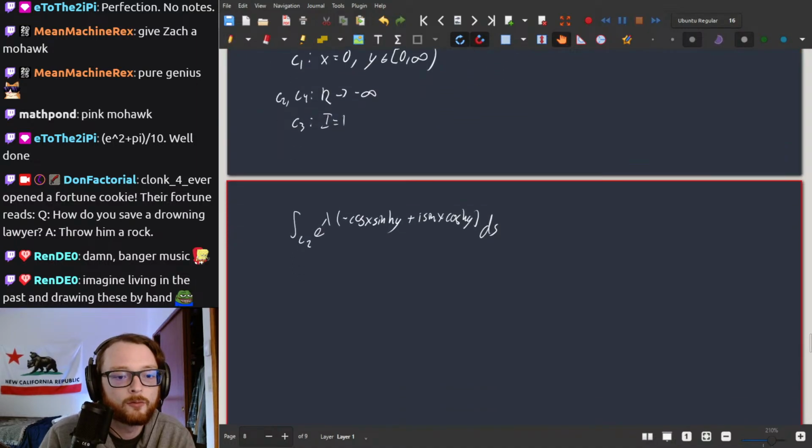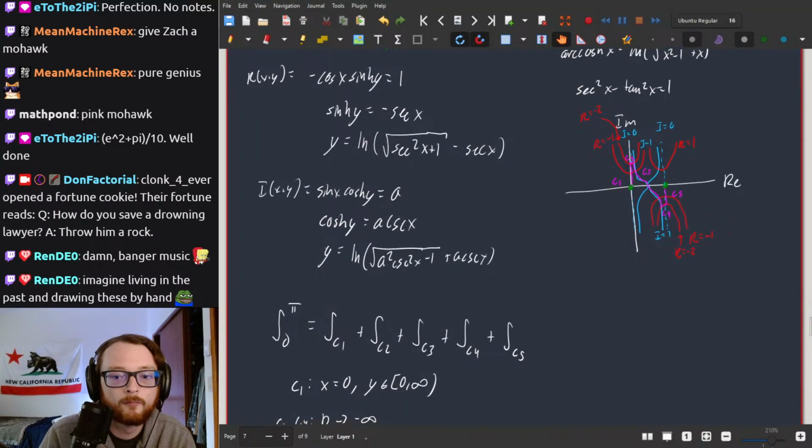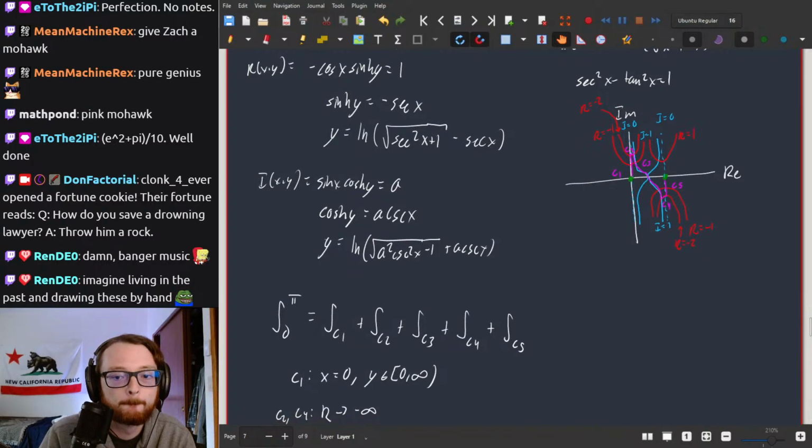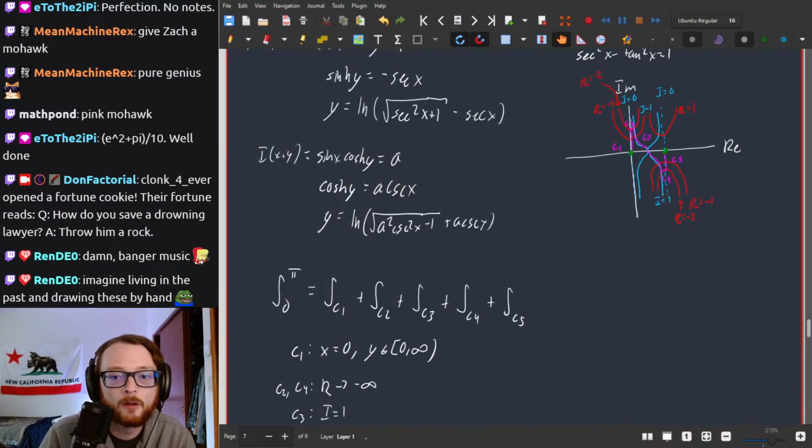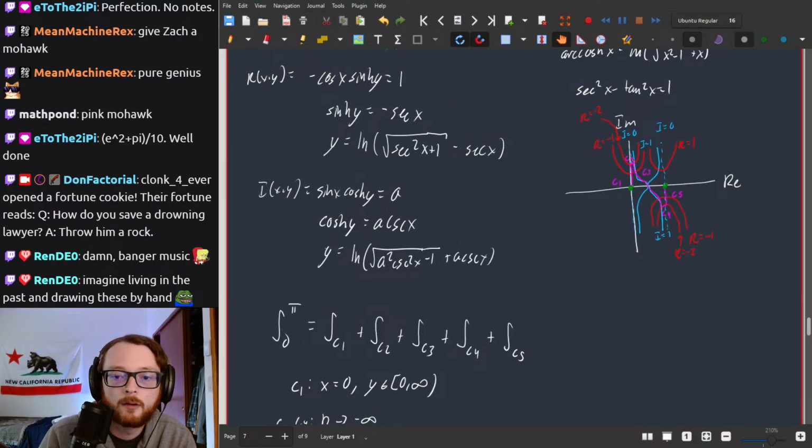So on C2, I guess if we call the height A, this height down here could be minus A or something.